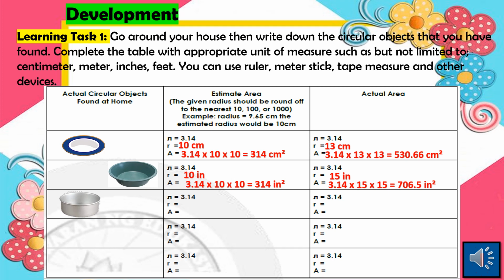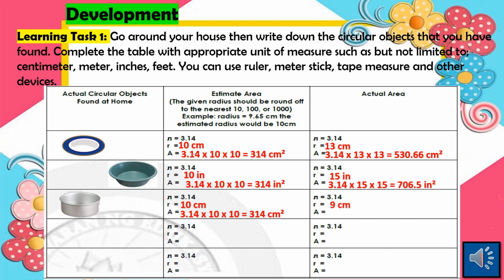And another example is the baking pan. The radius of the baking pan is 10 centimeter. So therefore, the area will be 3.14 times 10 times 10, which equals 314 square centimeter.